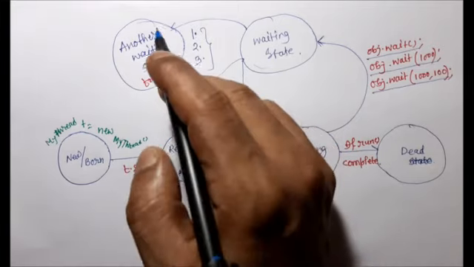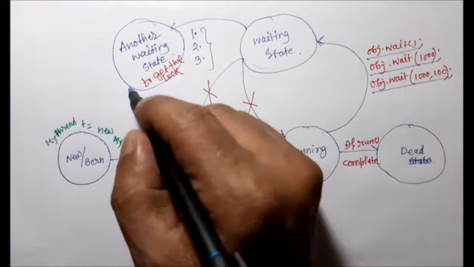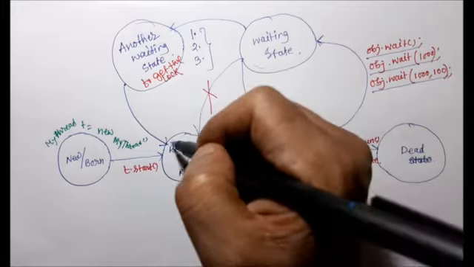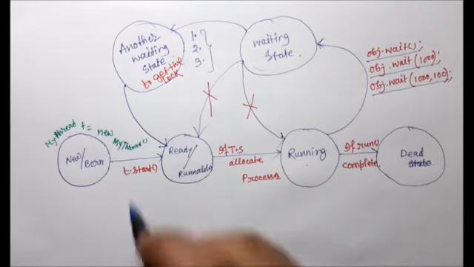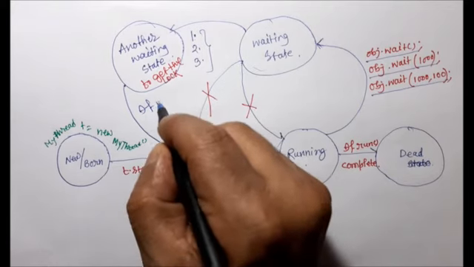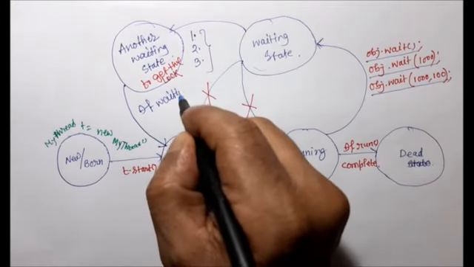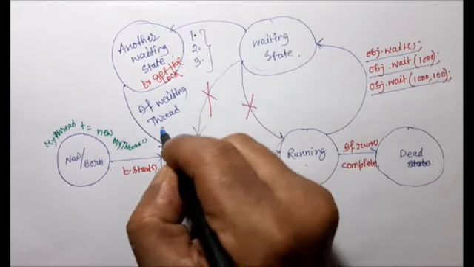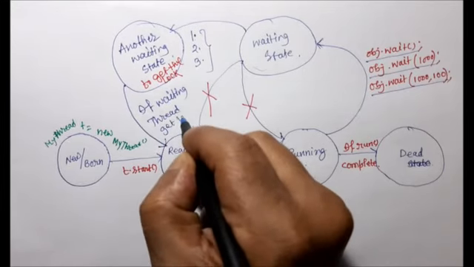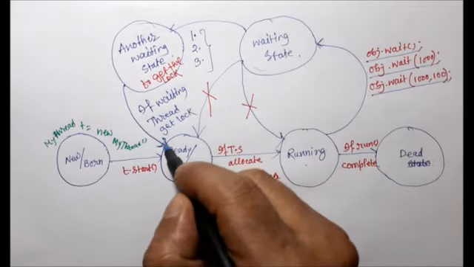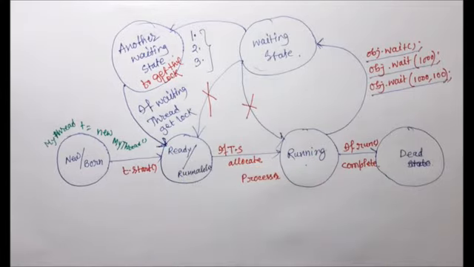After getting the lock, if the waiting thread gets the lock, then it moves back to the ready or runnable state again.